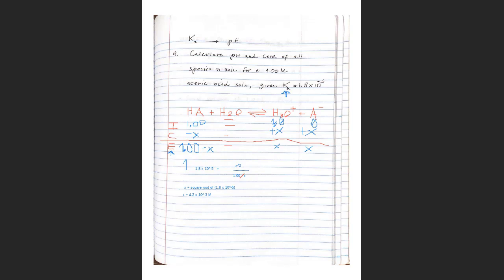So for the equilibrium concentration of the hydronium ion, as well as the conjugate base, because they are the same, I've set it up like this. Sorry, I'm typing out the formulas. Just give me a minute.